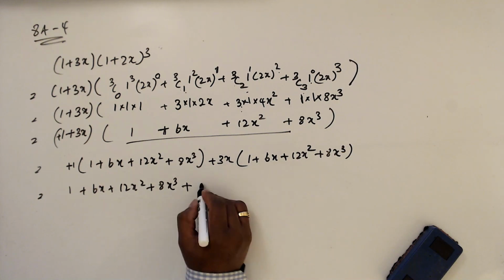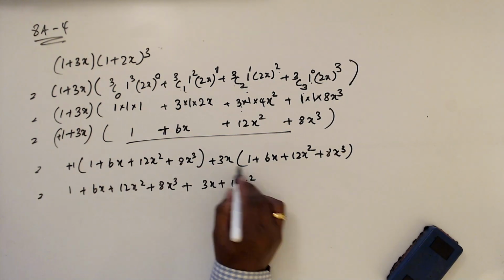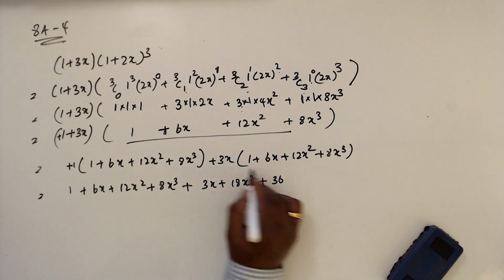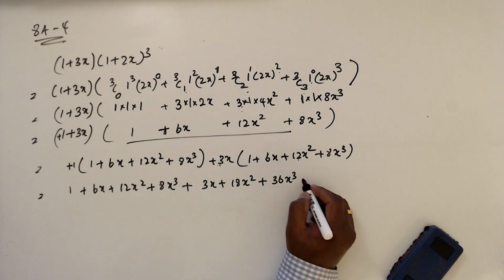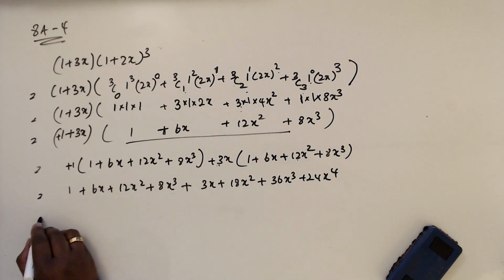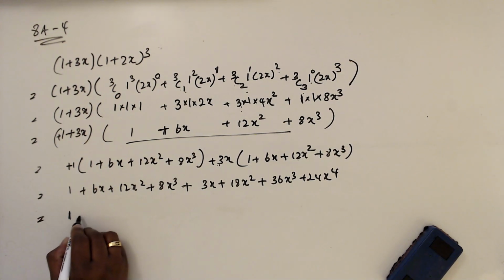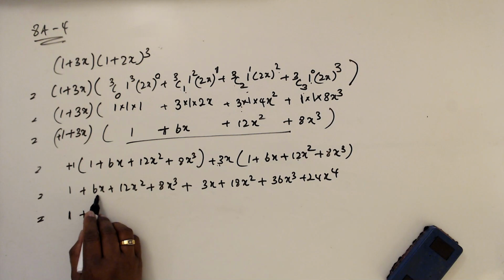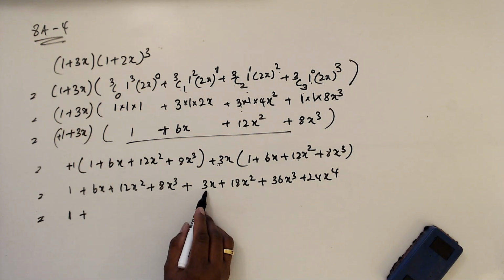This is going to be 3x plus 3 times 6, 18x squared, 3 times 12, 36x cubed, and 3 times 8, 24x to the power 4. Now, how many constants? Just one. How many x? 6x plus 3x, 9x.